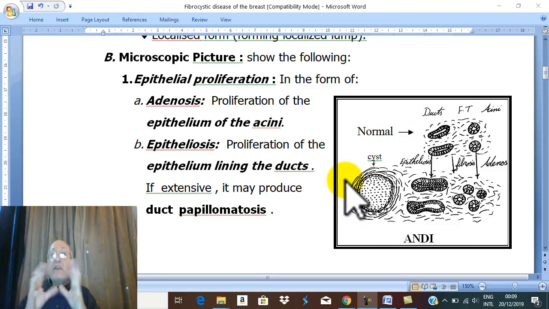The exaggeration of these changes forms a disease called fibrocystic disease of the breast, or fibroadenosis, or ANDI.